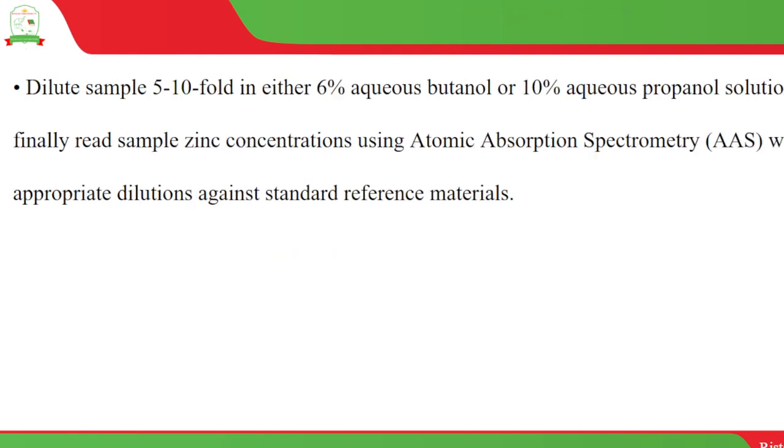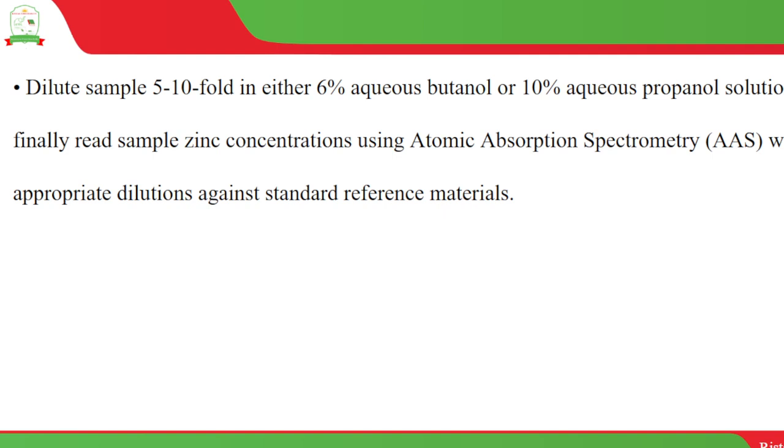Dilute the sample 5 to 10 fold in either 6% aqueous butanol or 5 or 10% aqueous propanol solutions. And finally, you read the sample zinc concentration using atomic absorption spectrometry with appropriate dilution, against a standard reference material.